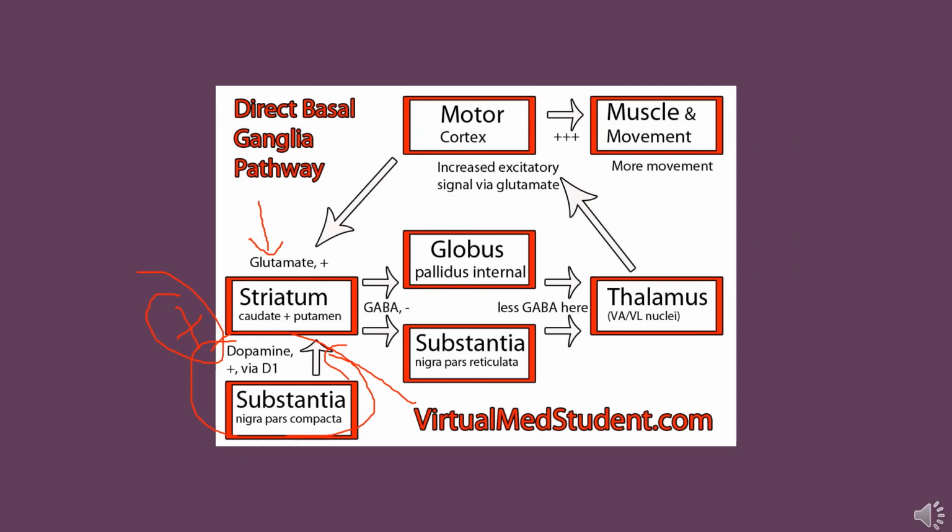This will really fire up the GABAergic neurons traveling from the striatum to the globus pallidus, causing insane inhibition of the pallidothalamic tract, which will ultimately result in intense stimulation of the glutamatergic neurons traveling to the motor cortex and hence causing increased movement.